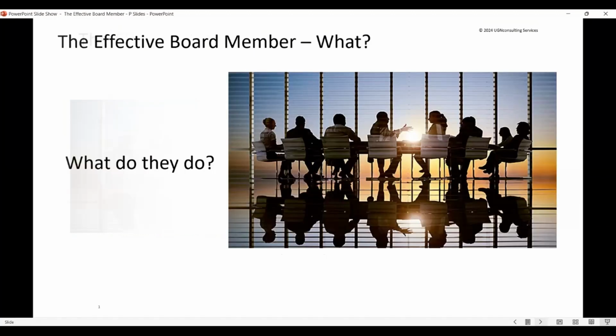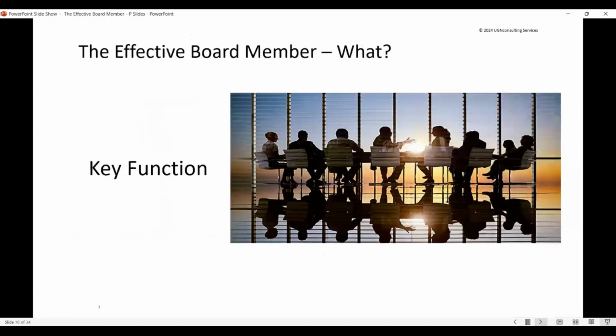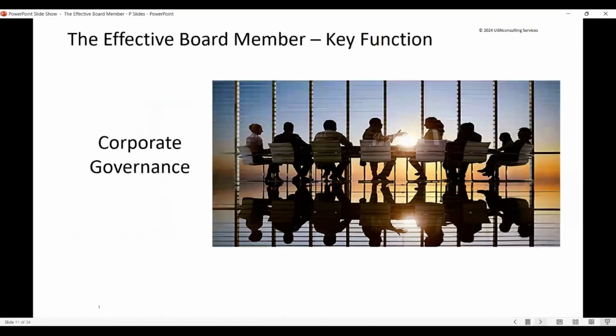Then what do board members do? We're talking about the functions. The key function of the board and its members is to provide corporate governance. Remember the definition: we said jointly provide corporate governance.